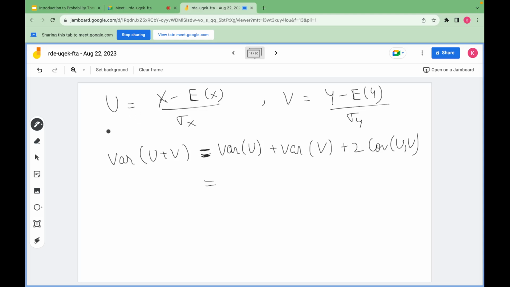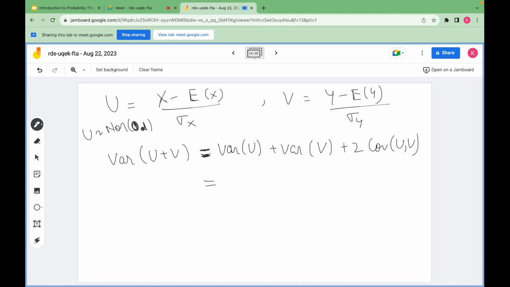So this means that u has a distribution with mean 0 and variance 1.